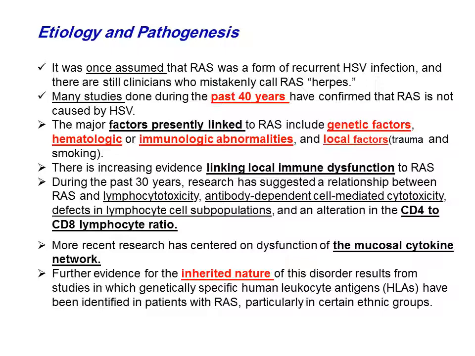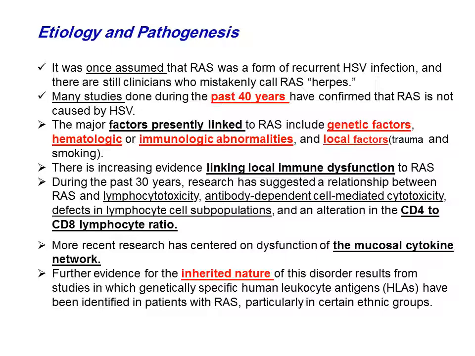Also, research showed recurrent aphthous stomatitis is associated with lymphocytotoxicity, antibody-dependent cell-mediated cytotoxicity, and a defect in lymphocyte cell subpopulation. There is also an alteration in the CD4 to CD8 lymphocyte ratio.